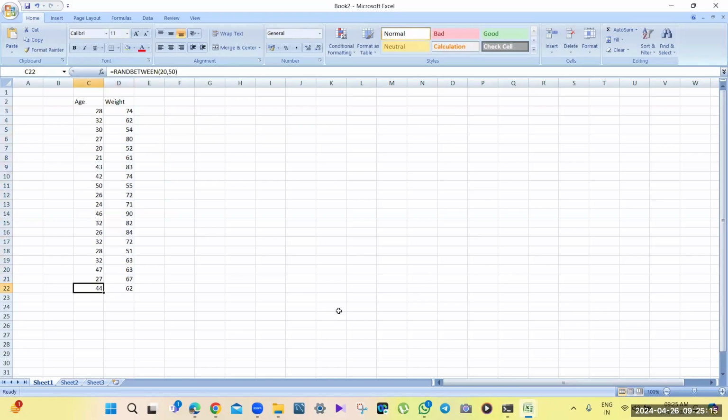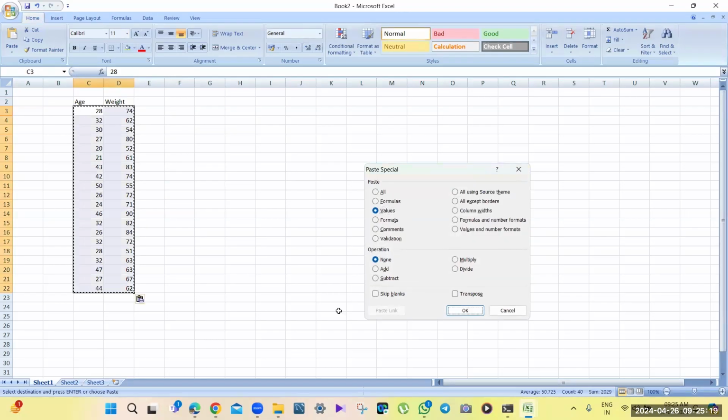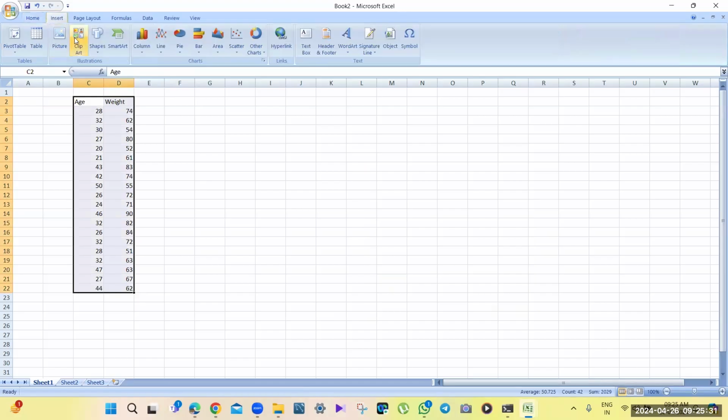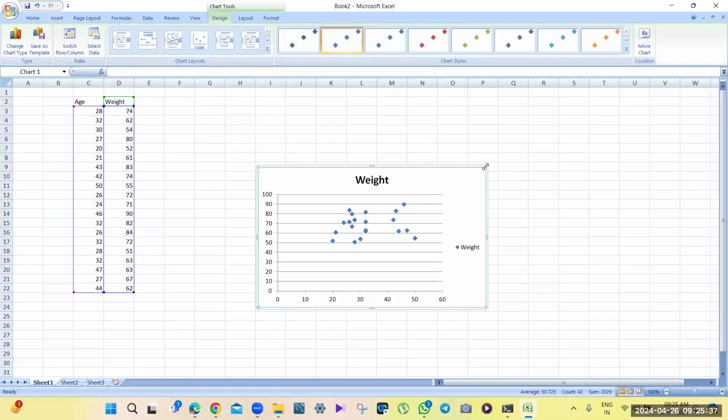So let's say I've randomly created a data set. There is age and there is weight. This is all random, so don't think logically about why the weight is this and the height is this. If I create a scatter plot, this is how the scatter plot will look.